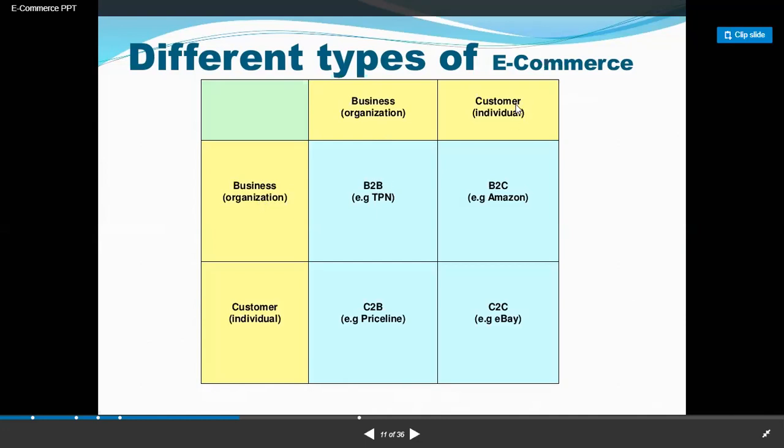Then if a customer, an individual person, wants to get something from the business, we call it business to consumer directly, that is Amazon.